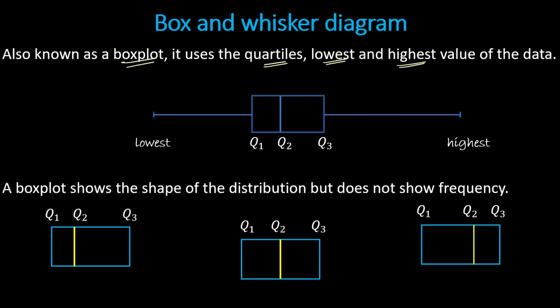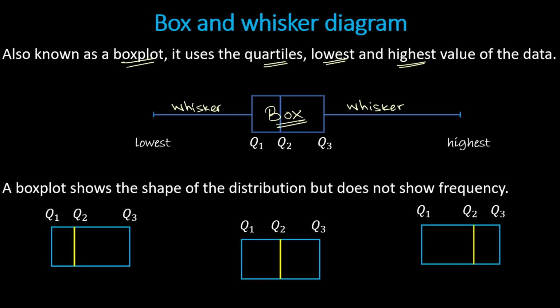As you can see, the middle portion here is what we call the box, and the two lines on either side, we call them the whiskers. Right? So this is why it is called box and whisker.